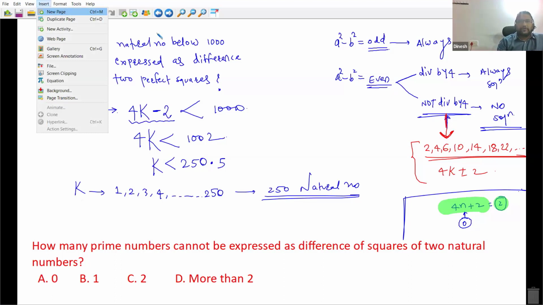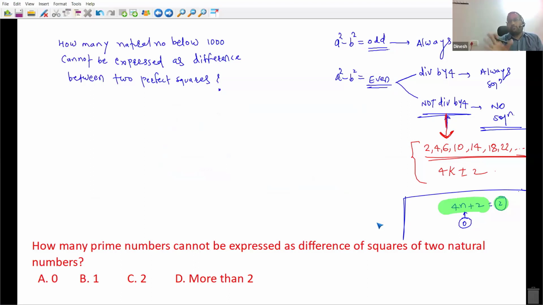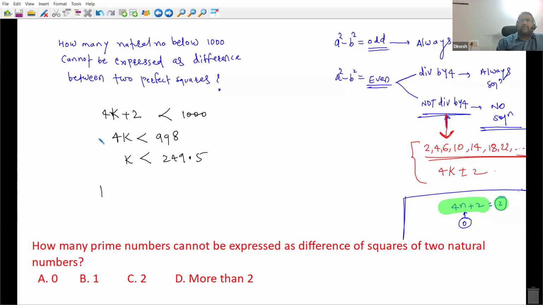So now let me solve this again. 4n minus 2 or 4n plus 2? Both are the same format. If I use 4n plus 2, we are interested in numbers in the form of 4k plus 2. This has to be less than 1000. So 4k is supposed to be less than 998. So k should be less than 249 point something. So which values can k take?